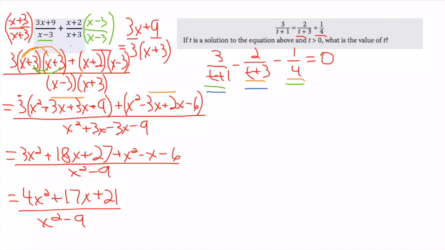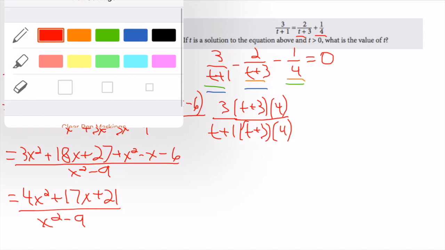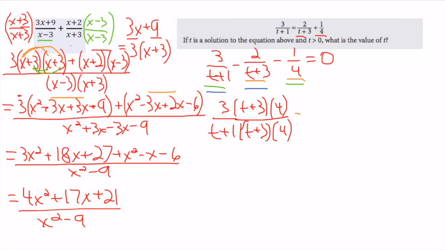So for the first part, 3 over t plus 1, and I'll multiply the top by t plus 3, and also by 4. What I do to the top, I do to the bottom, so t plus 3, and this is a 4. Now we'll worry about the second term. First I rewrite it.